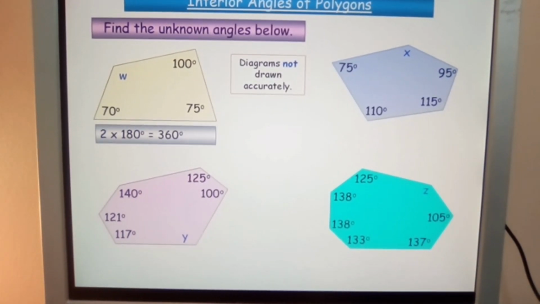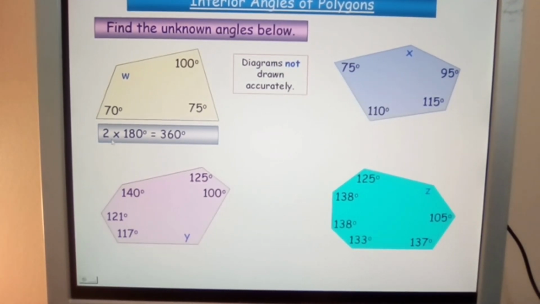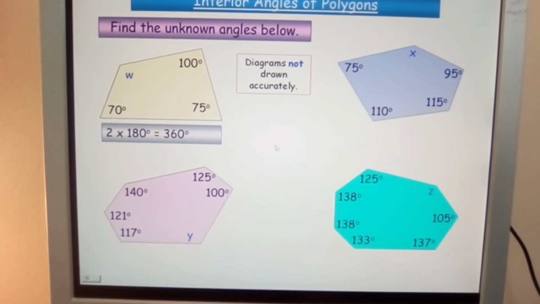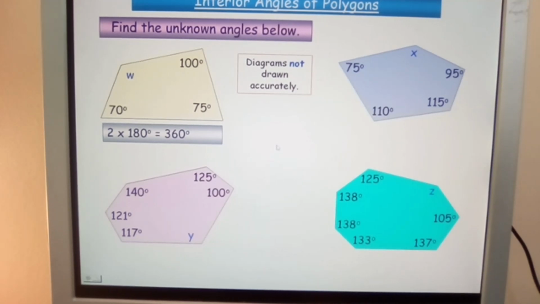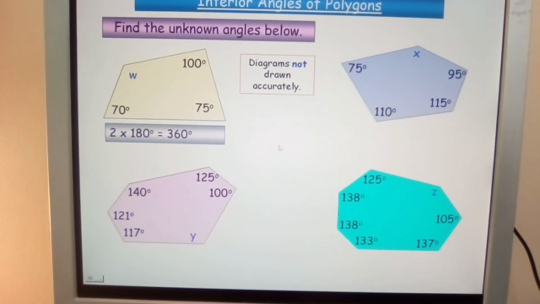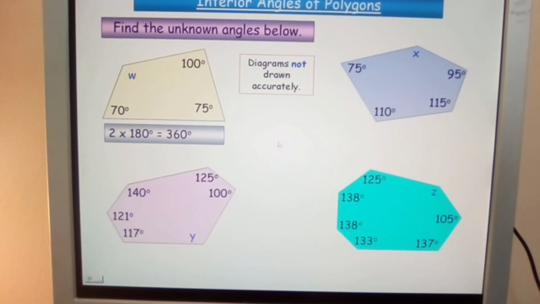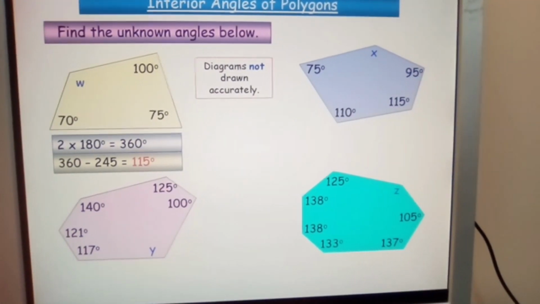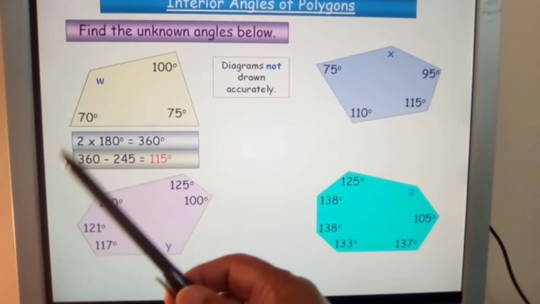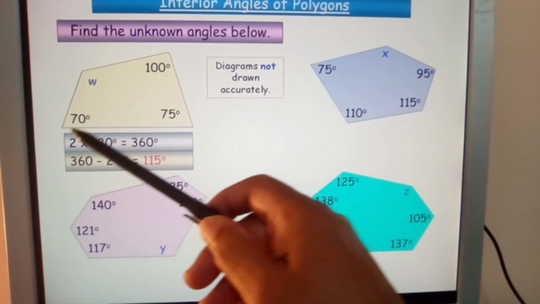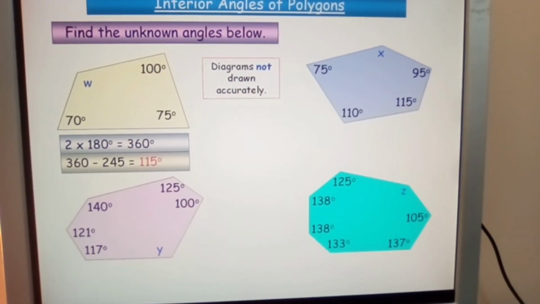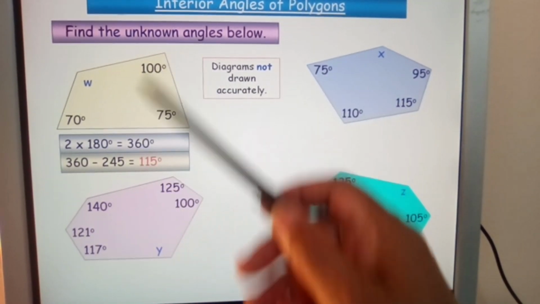Okay, let's go. Keeping this in mind, we know that 2 times 180 equals 360 degrees, and if you remember from earlier, the name of this shape, I'm going to leave that for you to recall.